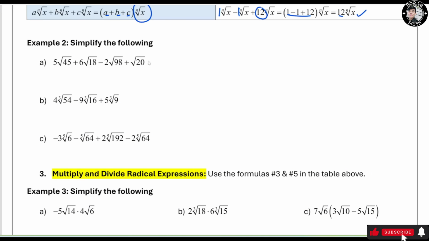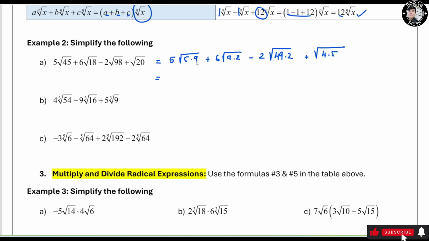Simplify the following. Alright, so we have 5 root 49 can be written as 5 times 9, right? Plus 6 times 18 can be written as 9 times 2, minus root 98 can be written as 49 times 2, plus root 20 can be written as 4 times 5, right?